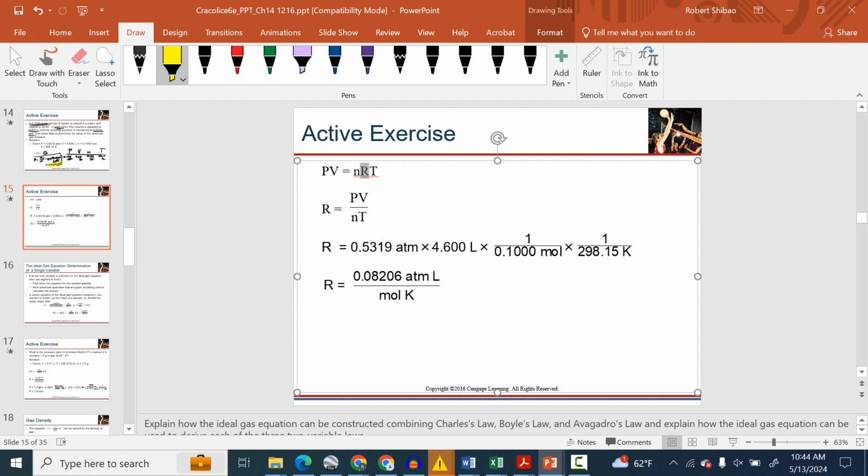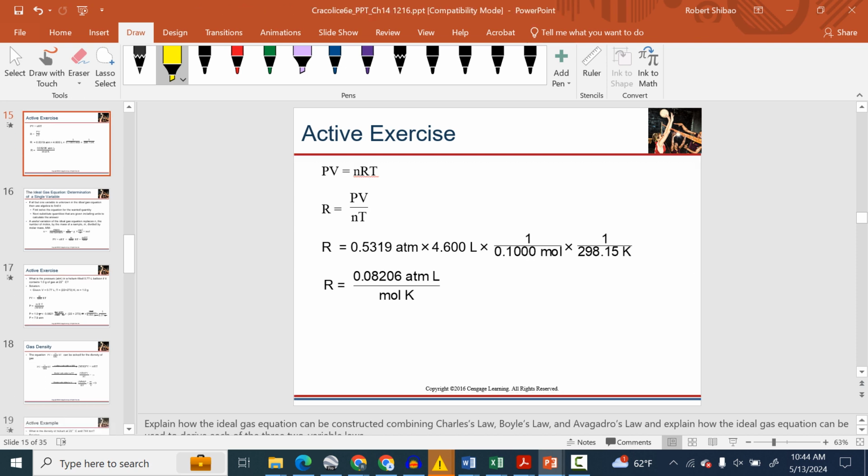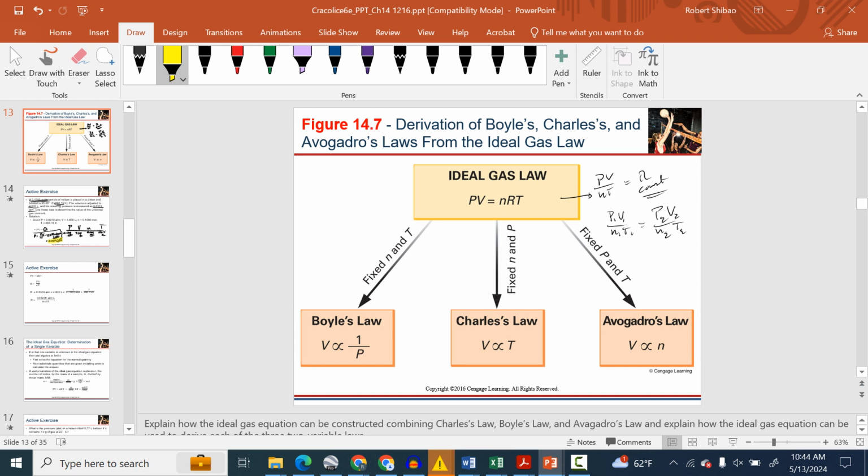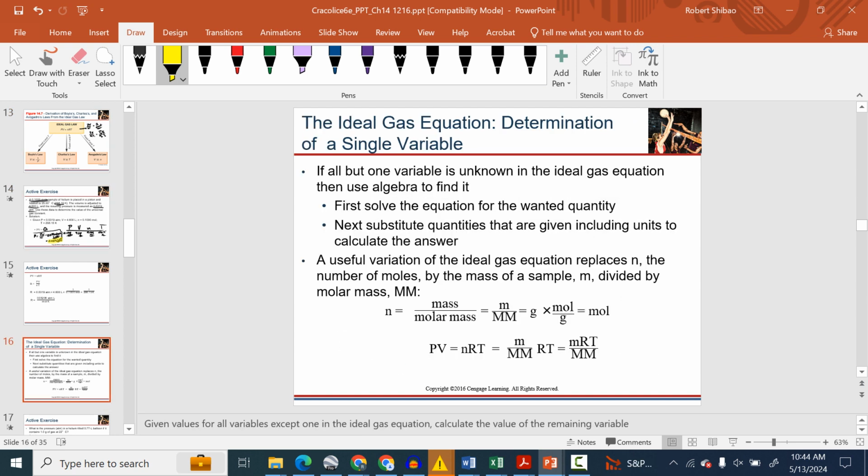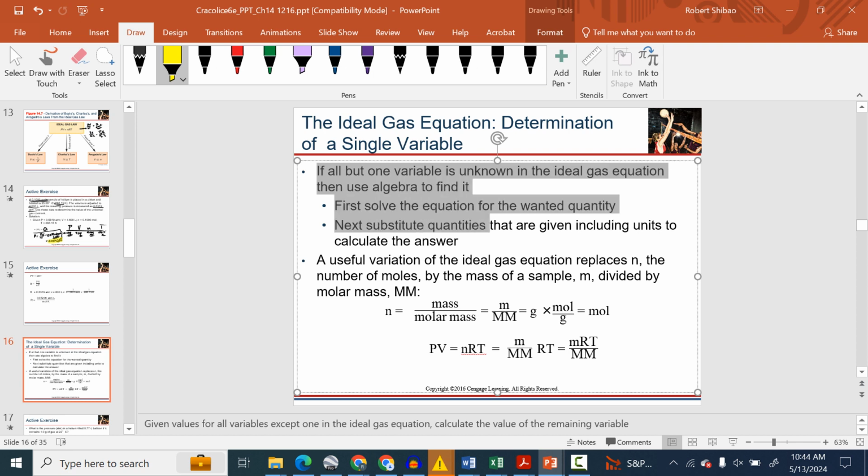R is not a variable, it's a constant, but we made it a variable in this particular case. If we were given 4 of the 5, we just use a little bit of algebra, then plug and chug: plug the numbers in and chug out the calculation. So if all but one variable is known, then plug and chug.